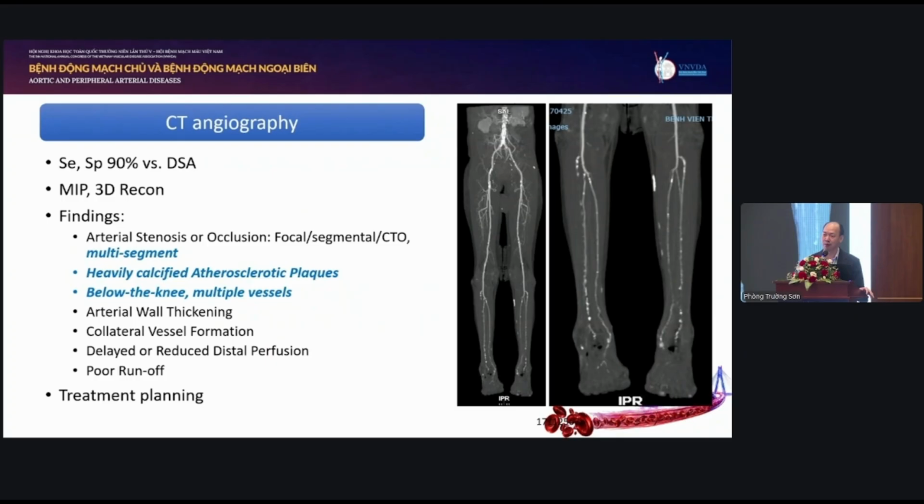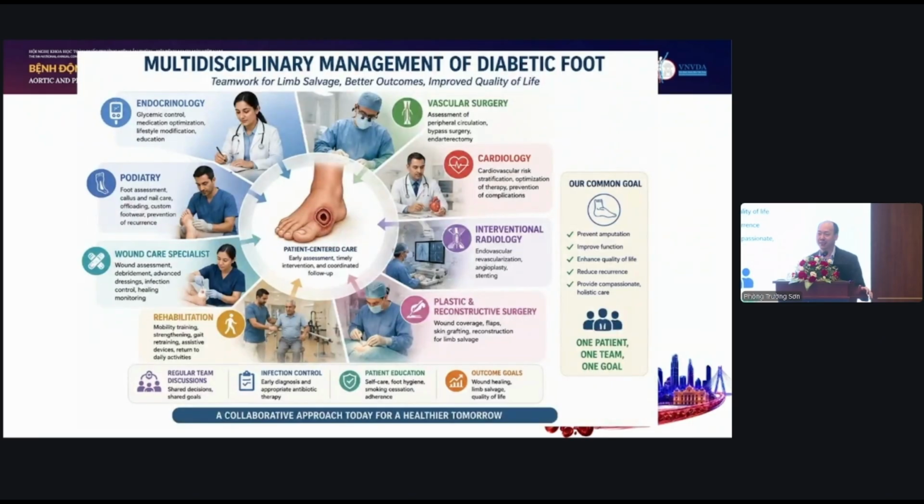I asked AI to create this diagram for me, and this is what AI gave me: the multidisciplinary management of diabetic foot. As vascular specialists like you here, vascular surgeons, cardiologists, and IR, we also play a role in the overall treatment of the diabetic foot.